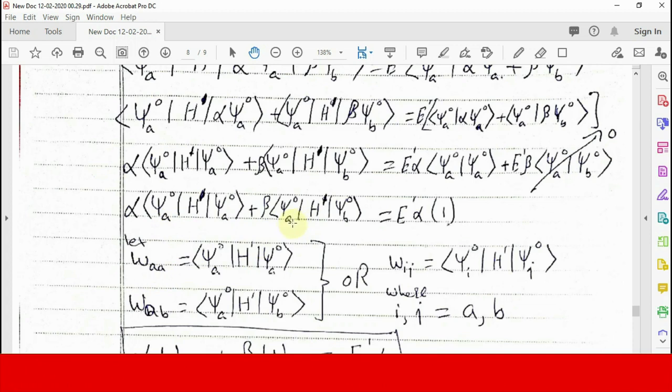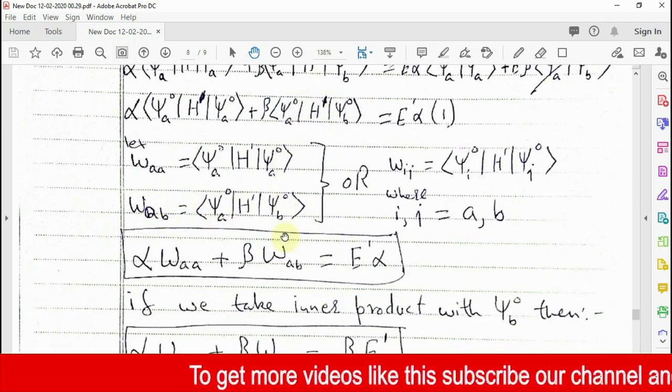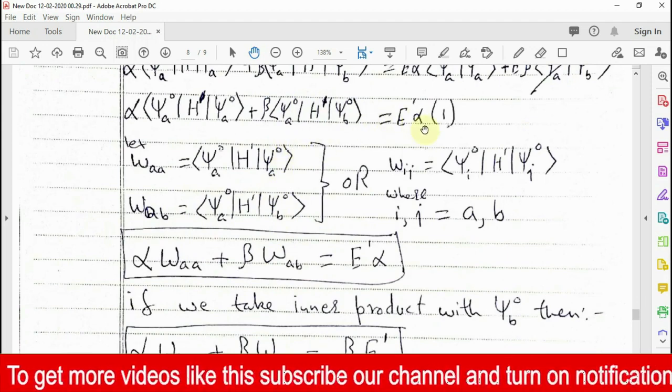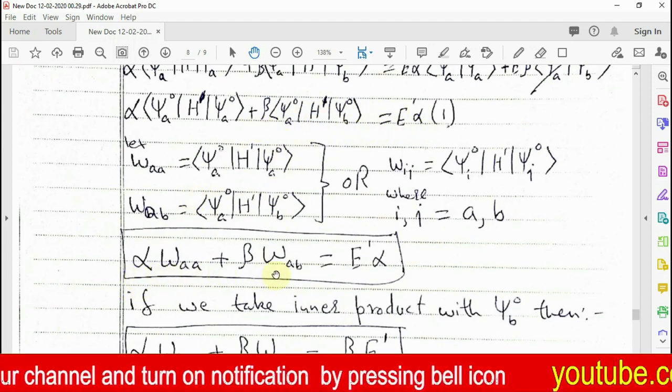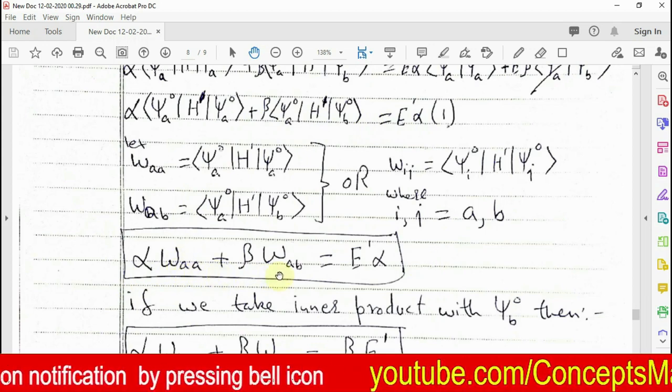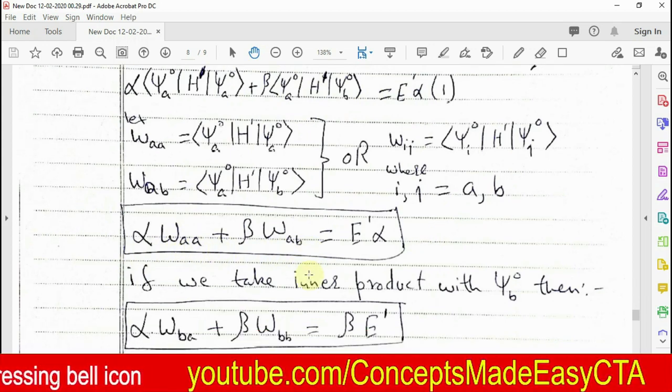Also this thing is psi AB, and we have written it like WAB, just for the sake of simplicity.